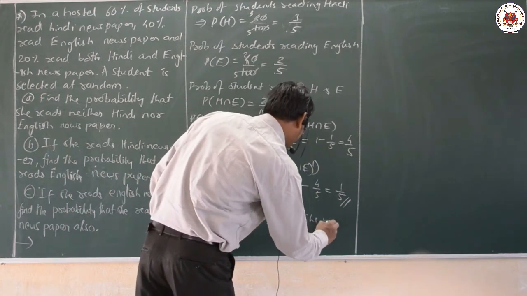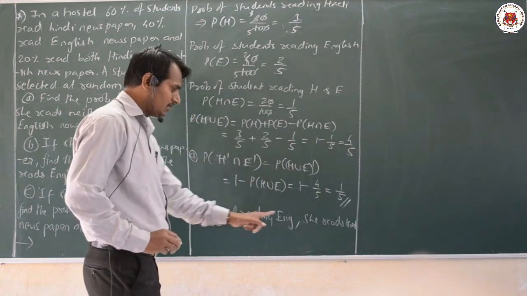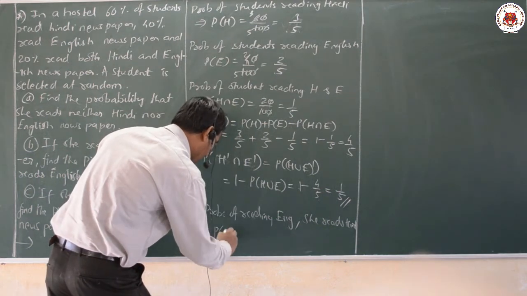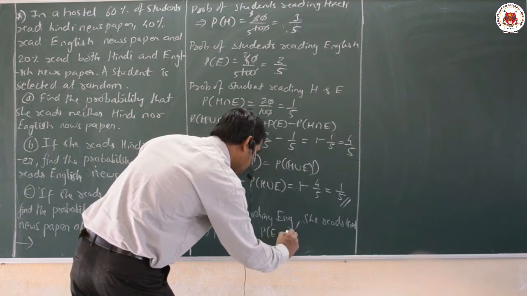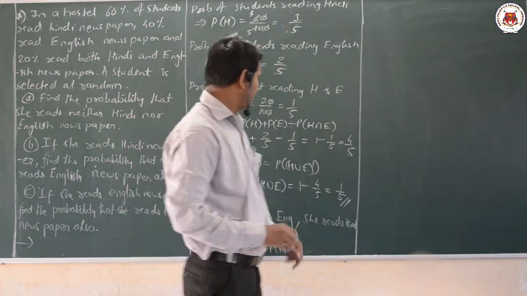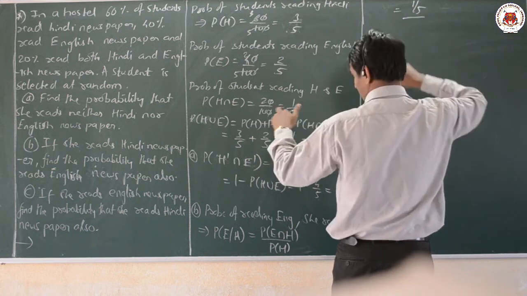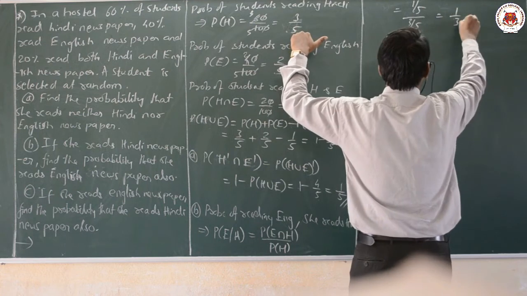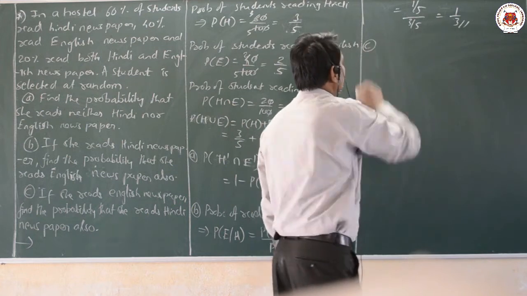That is the probability of E given H, which is P of E intersection H whole divided by P of H. E intersection H is 1 by 5, divided by P of H, which is 3 by 5, so the value is 1 by 3. Very simple answer.